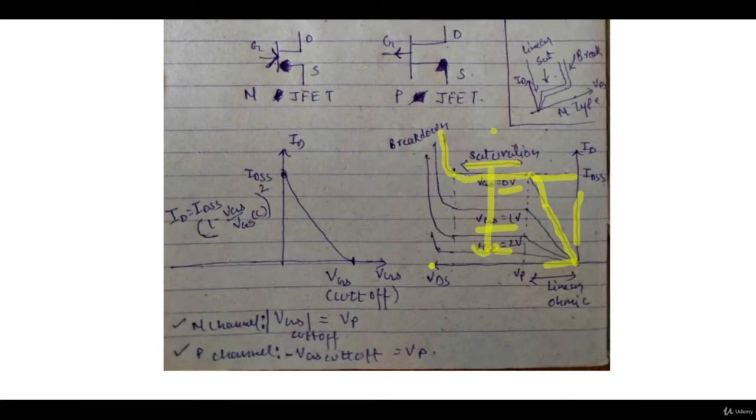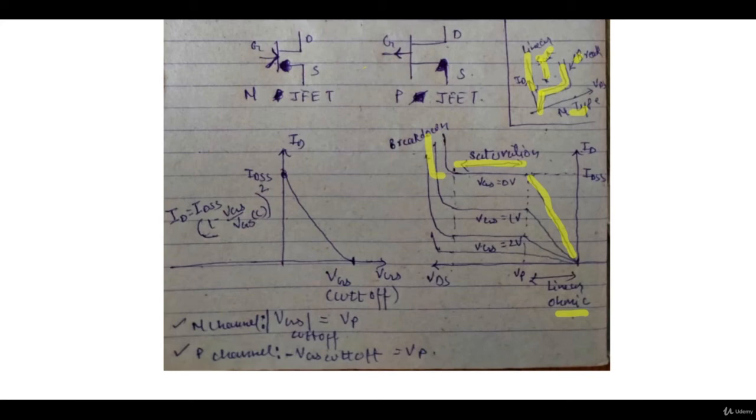And I think I have not told the regions. In NFET also, this is the linear region, saturation region, and this is the breakdown region. The linear region is sometimes called the ohmic region, this is the saturation region, this is the breakdown region. Similar thing here also. This is for n type, if you remember: this is linear, this is saturation, this is breakdown.